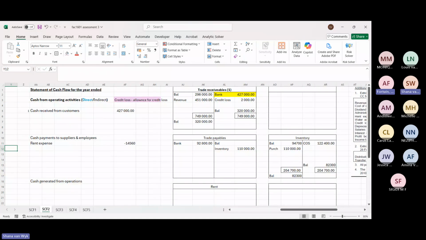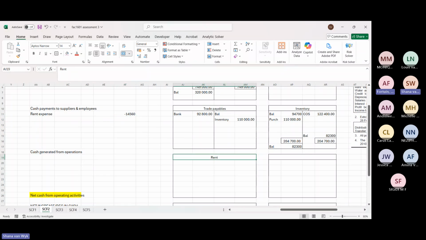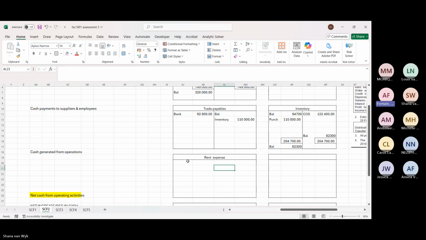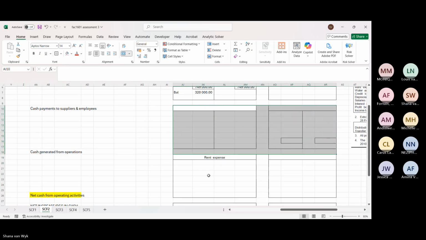Shauna, we're not looking for the rental expense. I'm asking you to do a T account to show what we paid for rental. You're taking the rental expense over, and that's not what I want. That's why I'm saying delete that trade payable account, delete that inventory account, and do me a T account that shows your rent account.